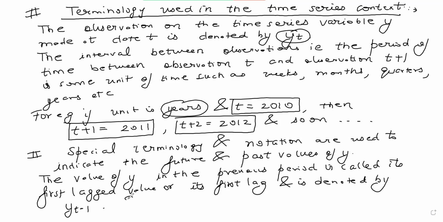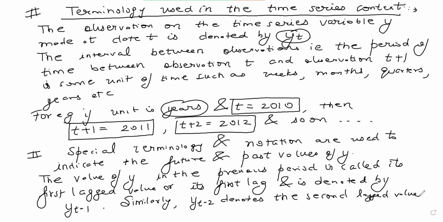Similarly, yt minus 2 denotes the second lagged value of y.